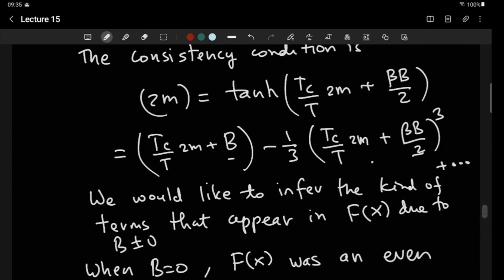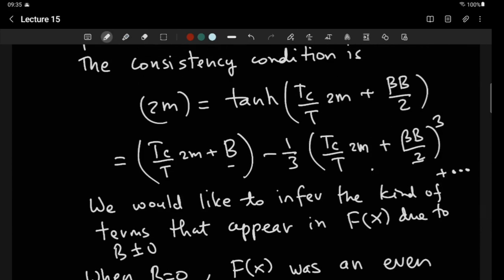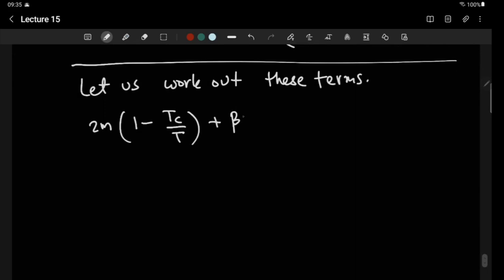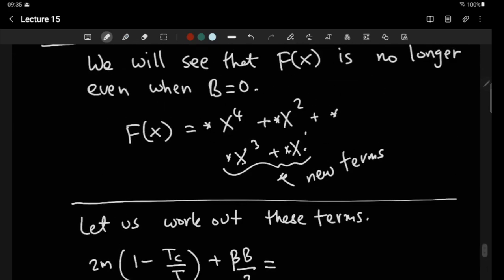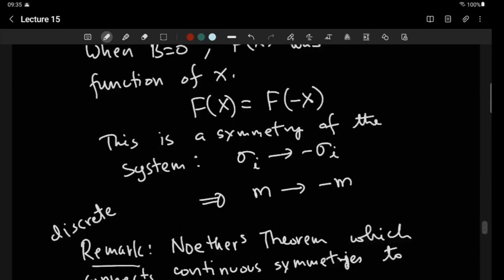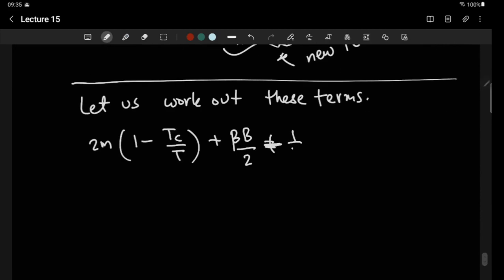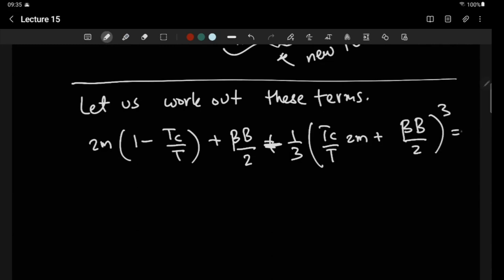Once again, I wrote b but forgot these two terms, beta b. Plus 1/3.